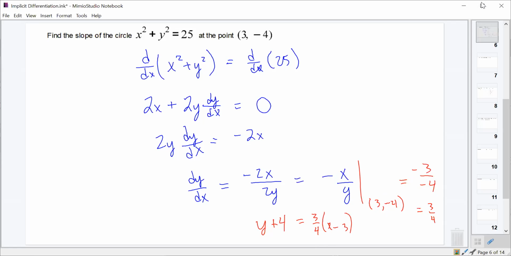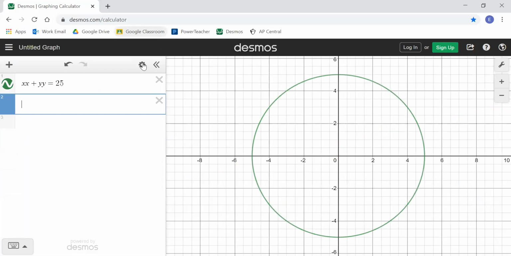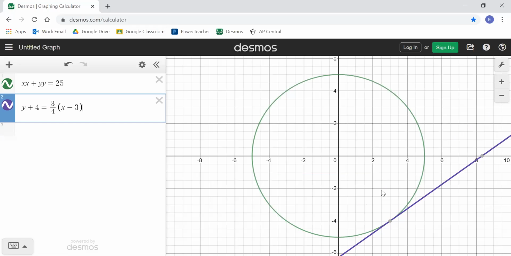And if we were to go into Desmos and take a look at this, we'd have x squared plus y squared equals 25. And what do we have? y plus 4 equals, what was the slope? 3/4 times x minus 3, and there it is.